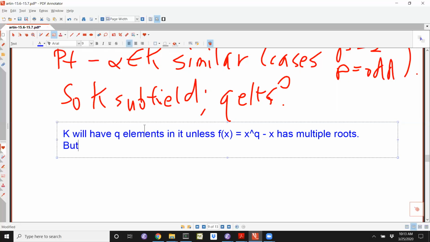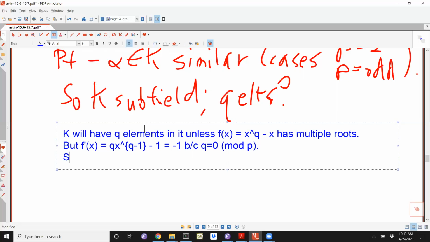But f prime of x is equal to q x to the q minus 1 minus 1. This is just the derivative. It is equal to minus 1 because q equals 0 mod p. So the GCD of f and f prime is equal to 1.